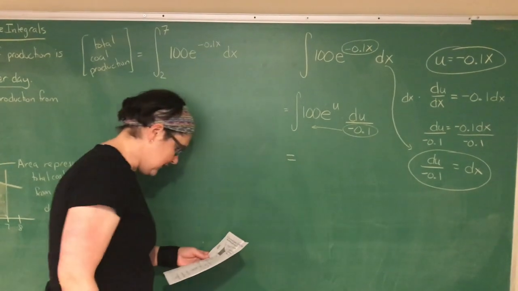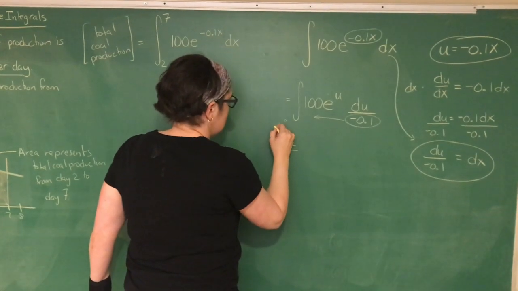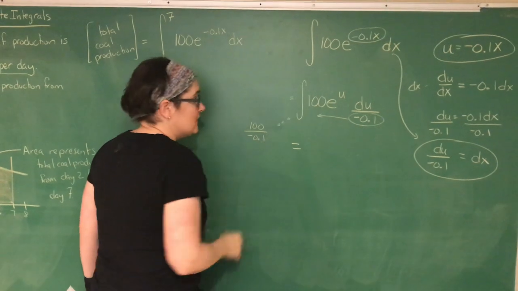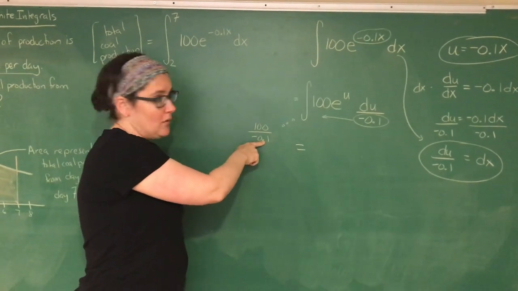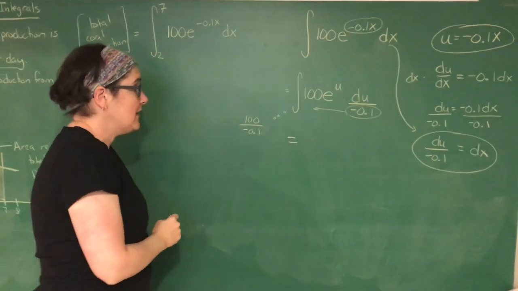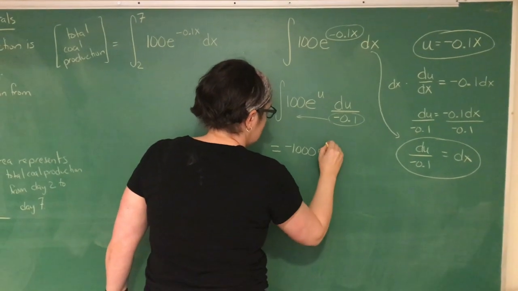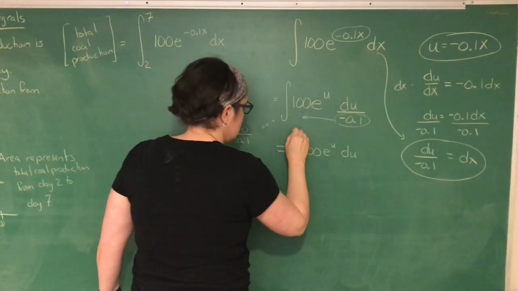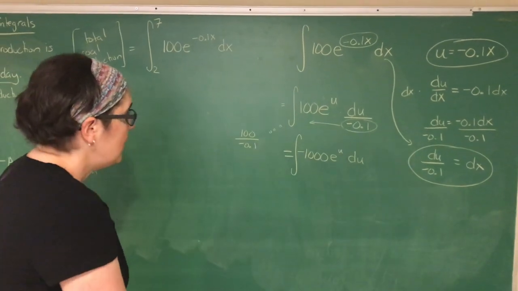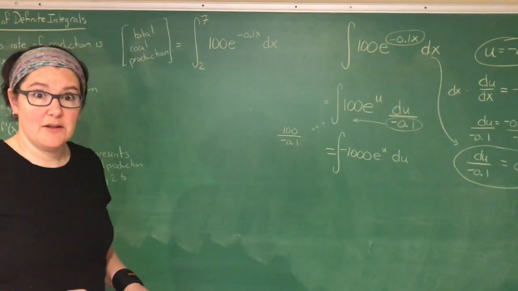What that's going to leave us with is 100 divided by negative 0.1, because that negative 0.1 has to stay in the basement. When I crunch that in my calculator, this gives me negative 1000 e to the u du, and I still have the integral sign in the front. Okay, everything is in terms of u, and I have simplified all of my numbers.